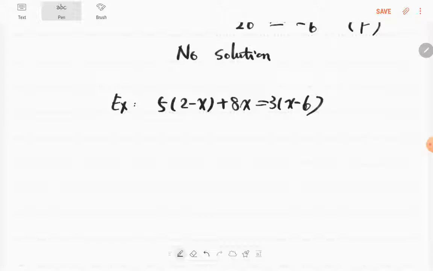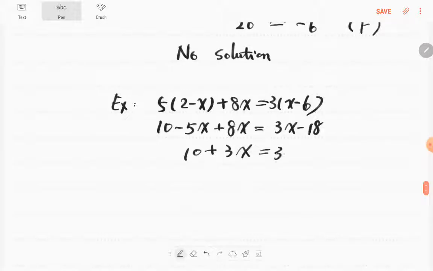Okay, first step, we still need to use the distributive rule. After we get rid of the parentheses, then we can combine like terms for each side.